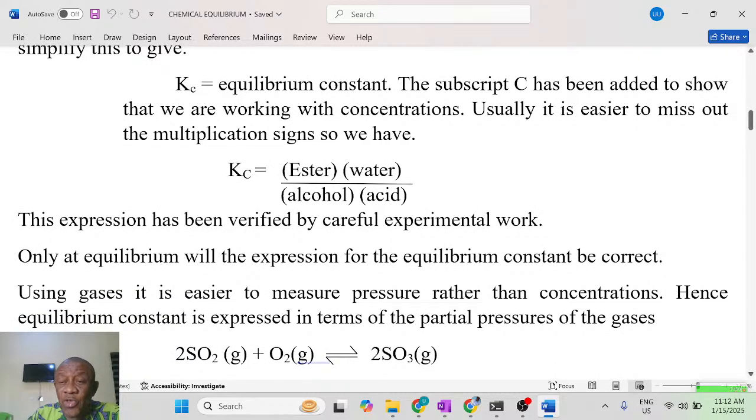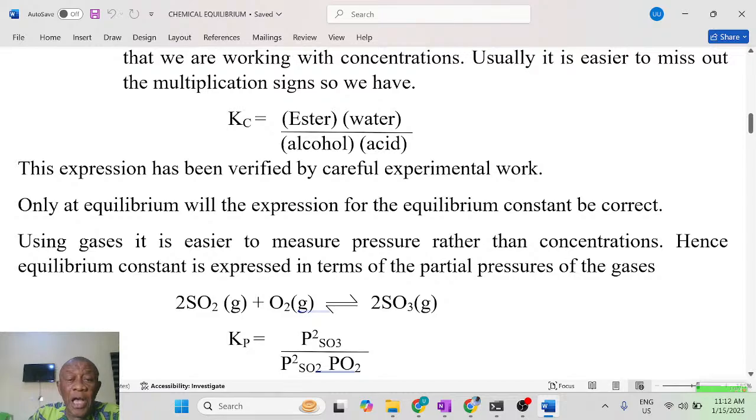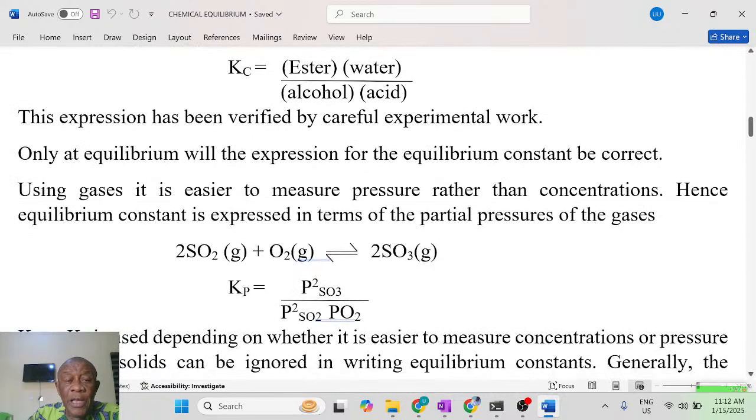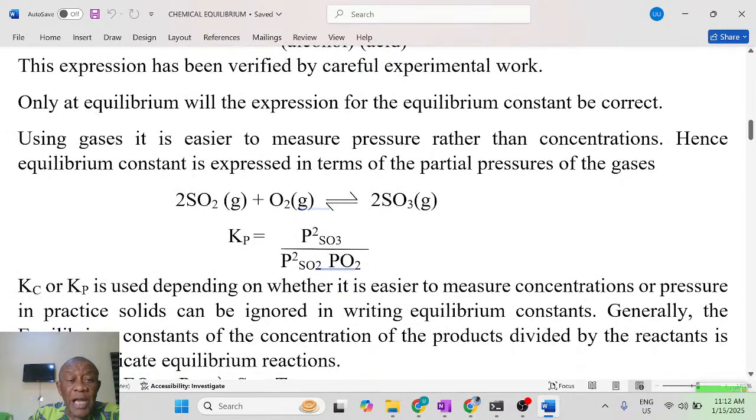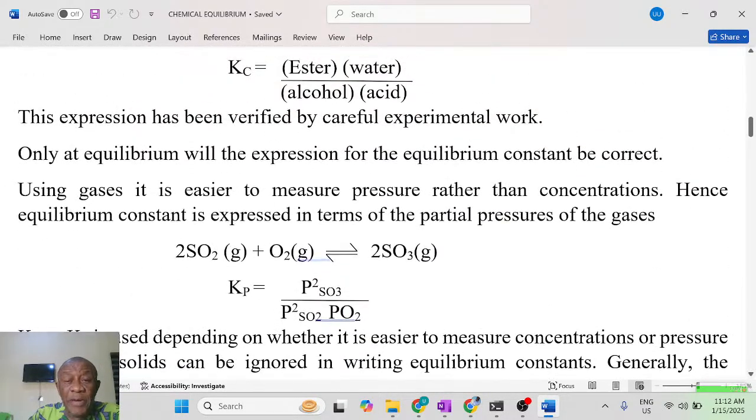Usually it is easier to miss out the multiplication sign, that is, Kc equals ester times water all over alcohol times acid. This expression has been verified by careful experiment, and we found that only at equilibrium would the expression of the equilibrium constant be correct.